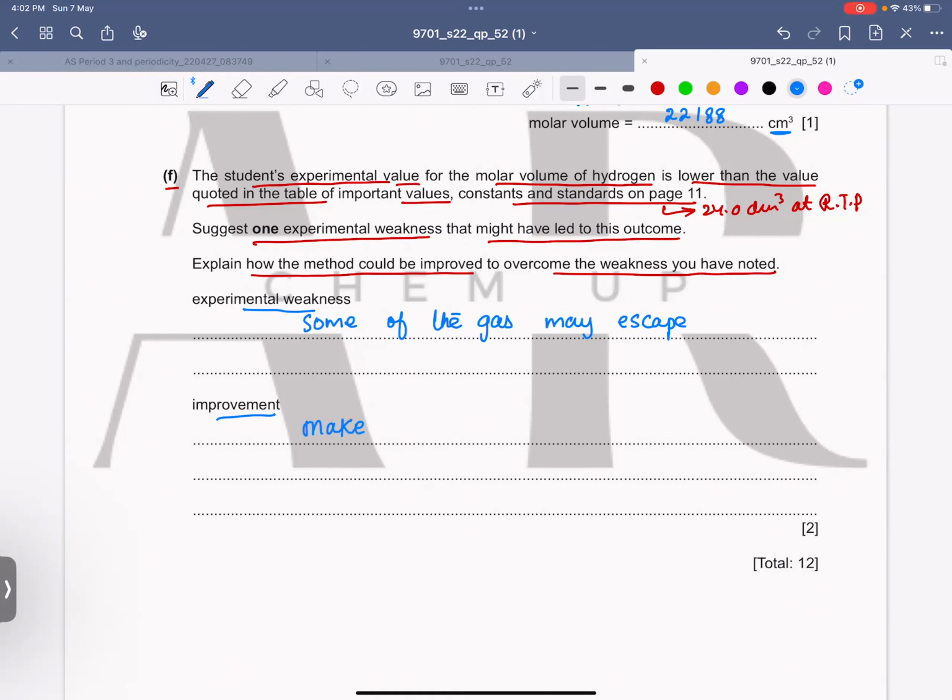So the improvement would be: make sure that both the reagents stay separated until the flask is sealed. Is this clear to everyone?